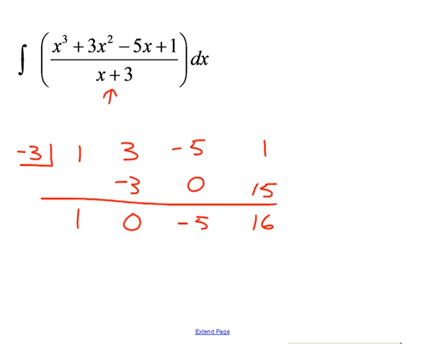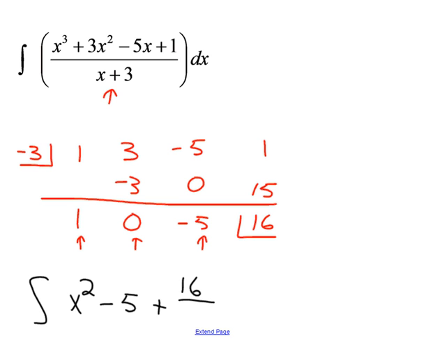All right, so what we want to do now is rewrite this as its polynomial. This is my remainder. This is my constant. This is my x term. This is my x squared term. So this integral that I have up here, when I actually divide, turns into x squared plus 0x minus 5, and then plus 16 over x plus 3. Right? That's what I get when I actually do the division.